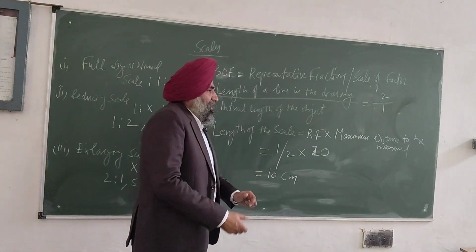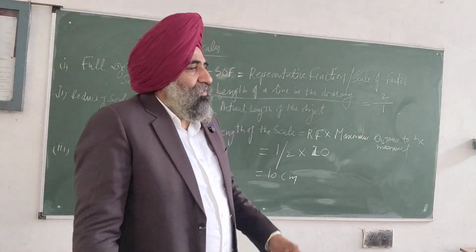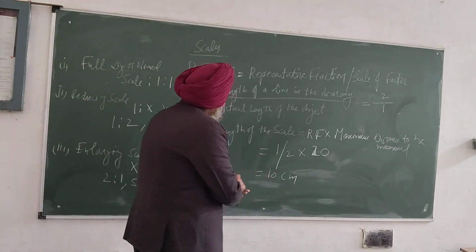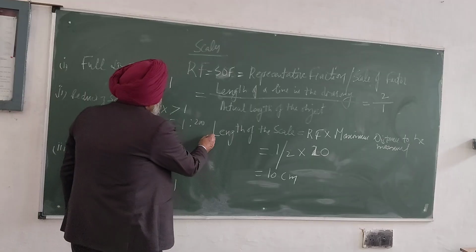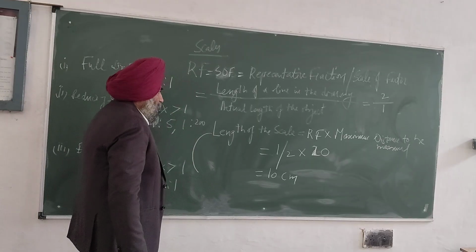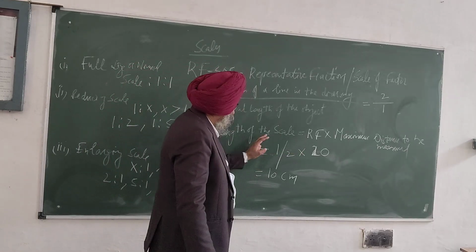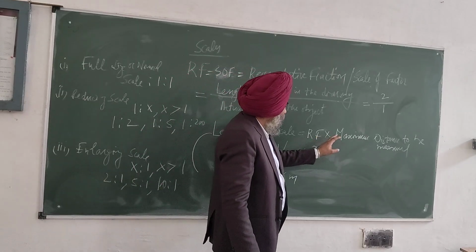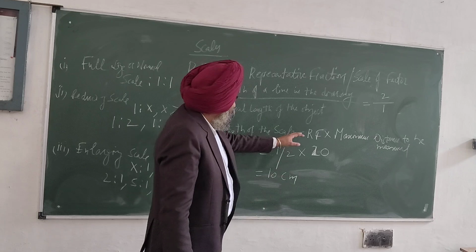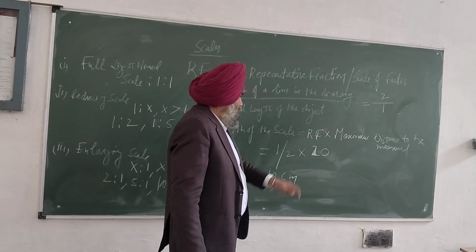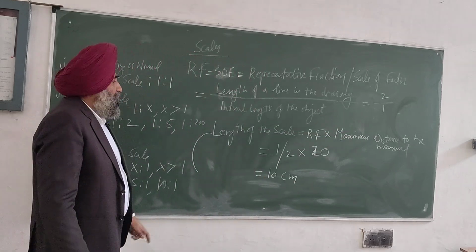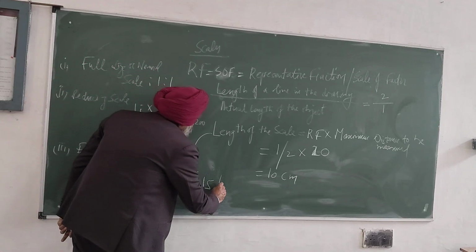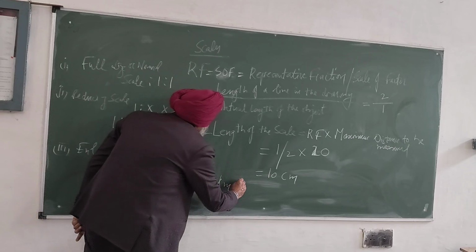Because our drafter is quoting the millimeter and centimeter, it is better if you convert it. In this formula there are 3 things: length of the scale, RF and maximum distance. If RF is given and maximum distance is not given, you can take the length of the scale to be 15 centimeter to 30 centimeter.